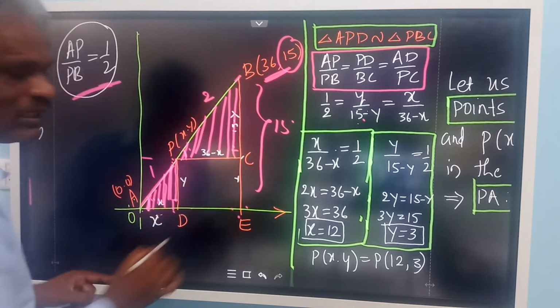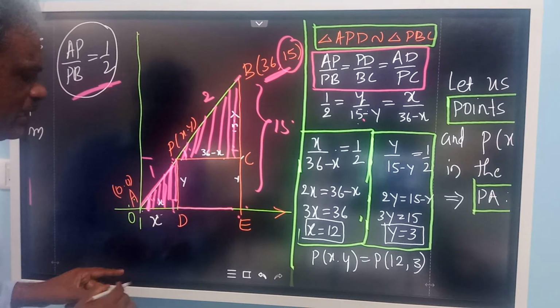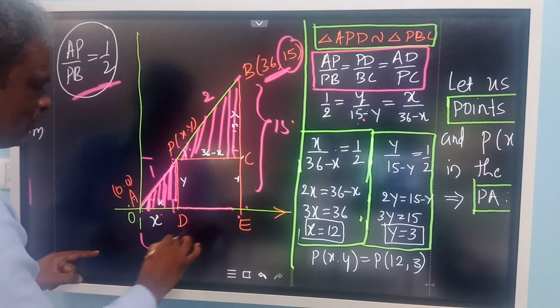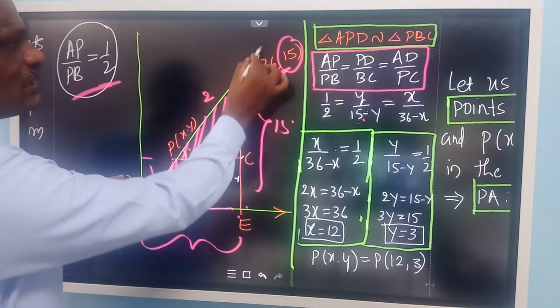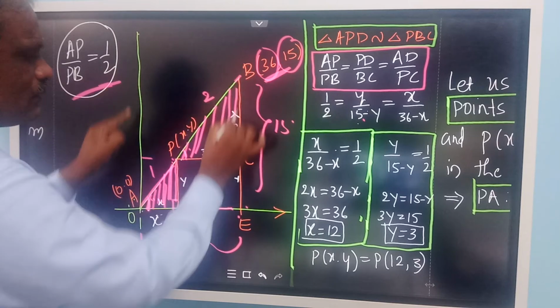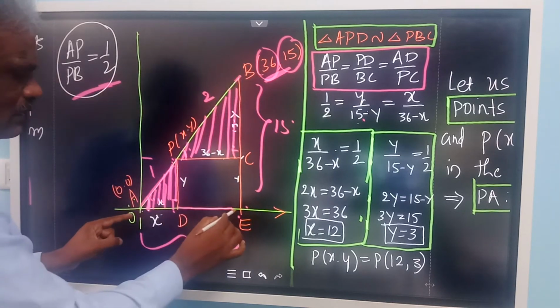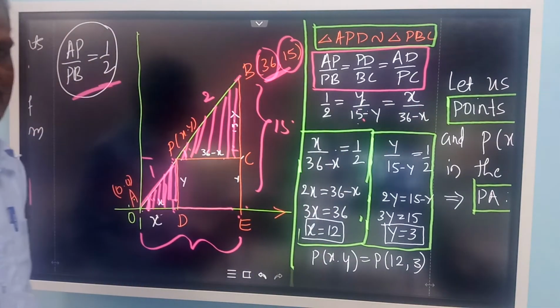PC is the same as this distance. The total distance is 36, same distance. So 36 minus x. I have written here PC as 36 minus x.